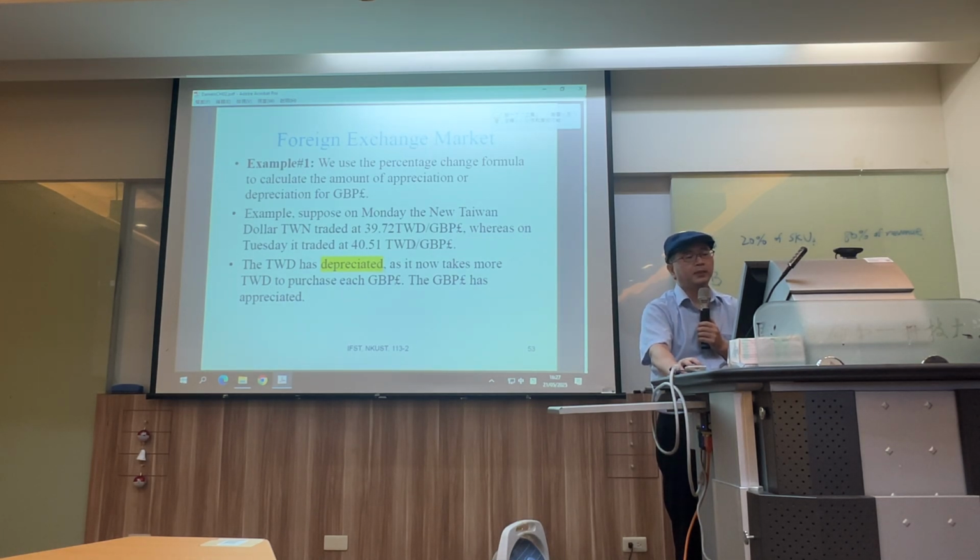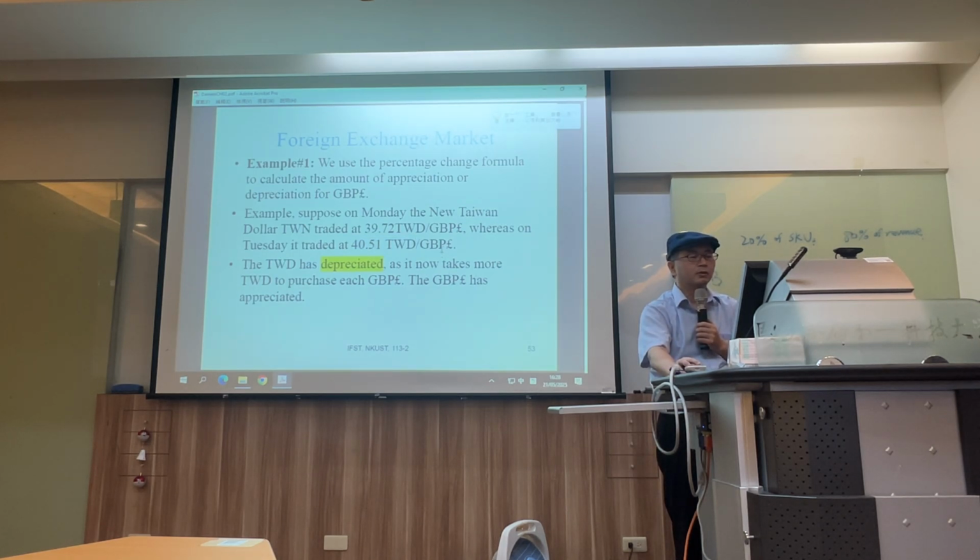Appreciated, right? Because 1 unit of the Great British Pound can be converted into more units of the New Taiwan dollar, right? So the New Taiwan dollar becomes weaker, becomes depreciated, right? And by contrast, the Great British Pound has appreciated, right?